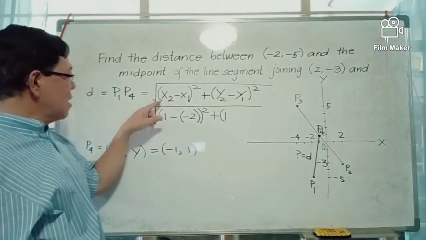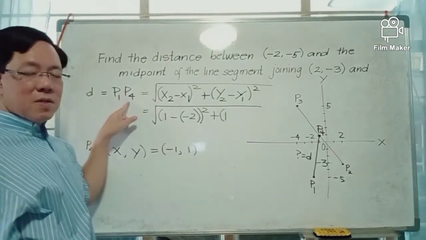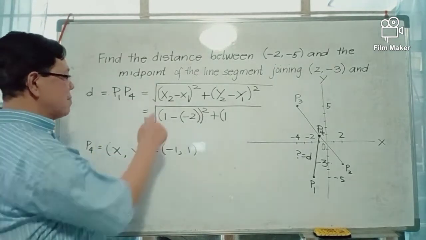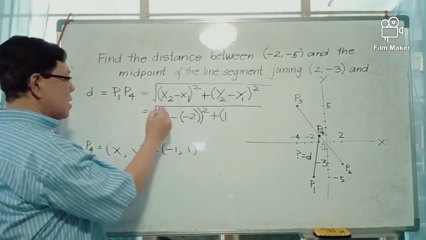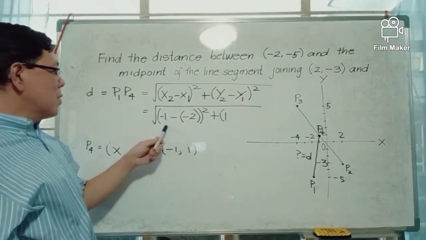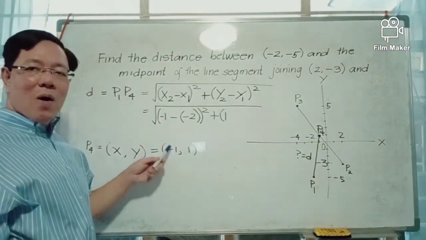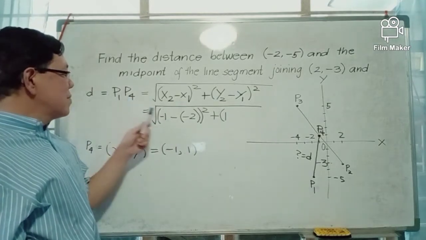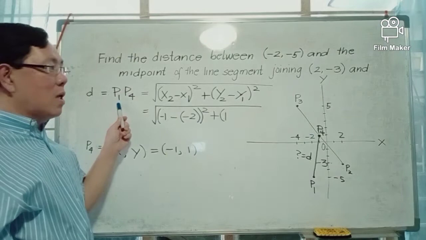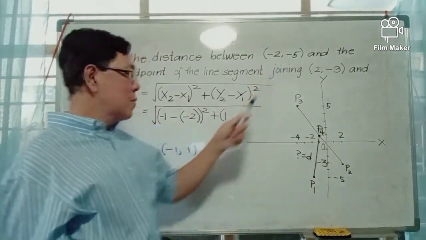The abscissa x2 of the second point P4 is -1. So we write here -1. -1 is the abscissa of our second point P4 minus the abscissa of the first point P1, -2.